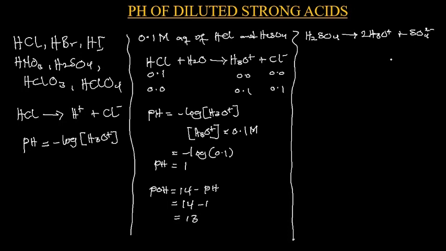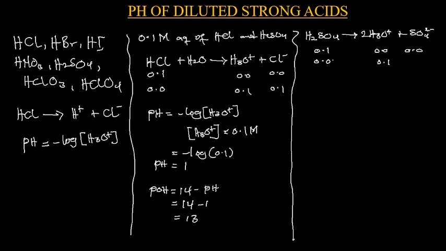Now for this one too, initially it is going to be 0.1, while we have none of this in solution as yet. At the end, everything is going to dissociate, and so we have 0.0 of H2SO4 left in solution.